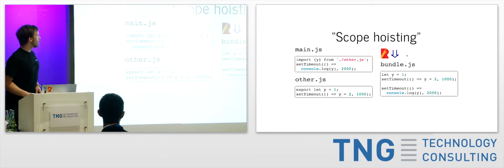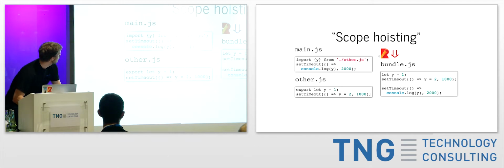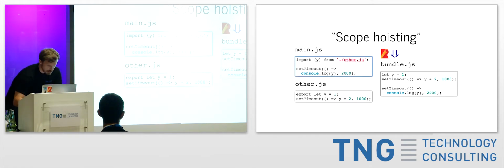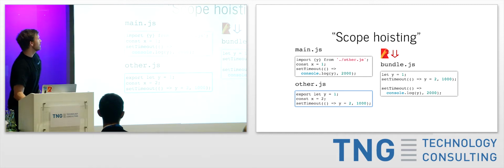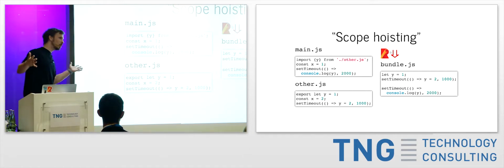And maybe there's one question that you might ask, okay, so what happens if I have a variable of the same name, like say I have a constant x with the value 1 here, and somewhere over here, a constant x with a value 2. So what will happen? The answer is nothing will happen. Why?